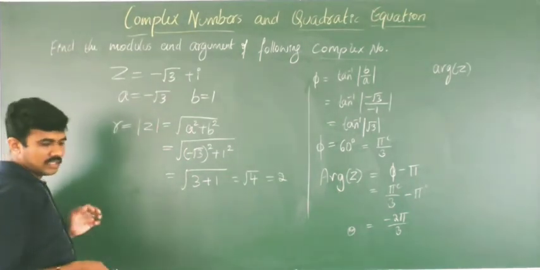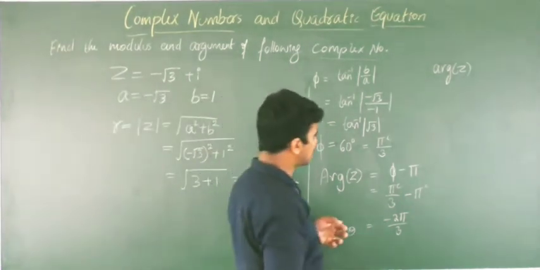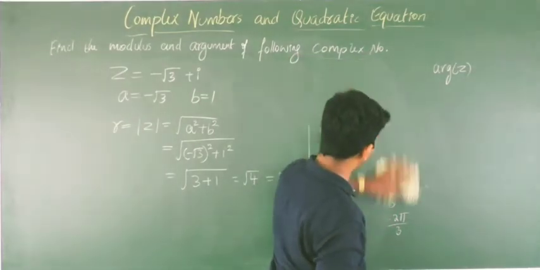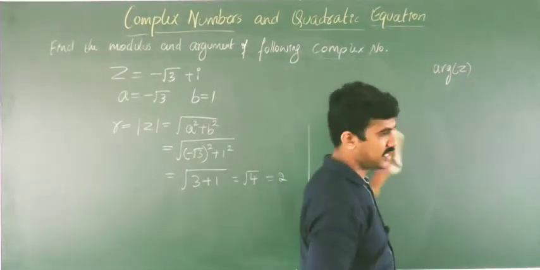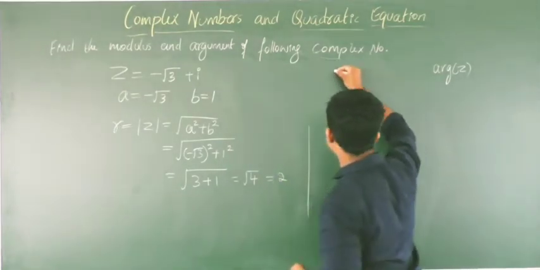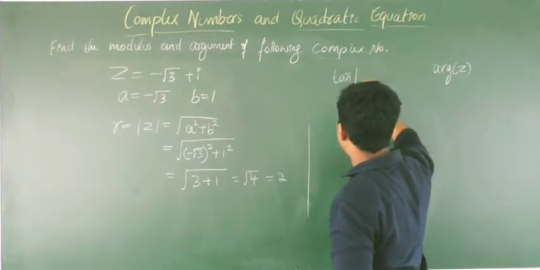Now to find the argument of this complex number, we have to see first in which quadrant the complex number lies. Before that, find the value of tan inverse of mod b by a.